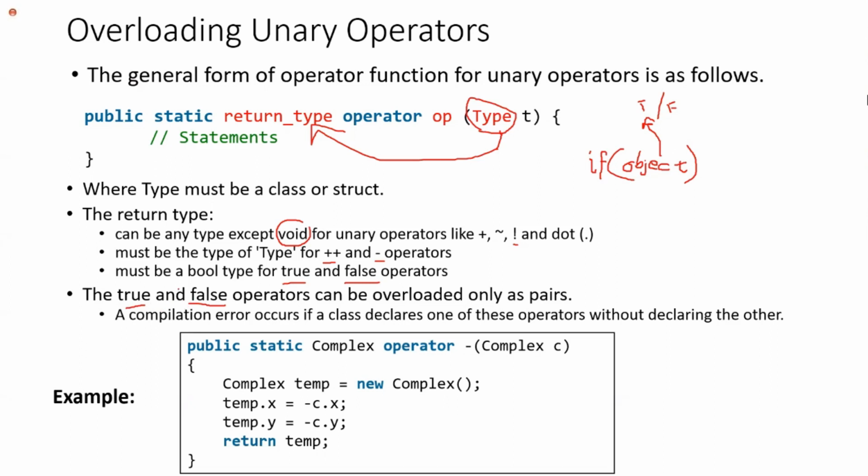If you only overload one, there will be a compilation error because the other one is missing. If you implement true, you have to implement false as well, and vice versa. If you only define one of these two operators, there will be a compilation error complaining that you don't have the other part, right?